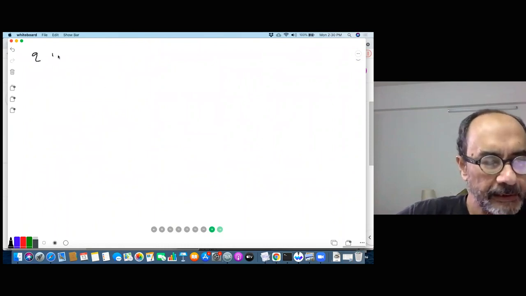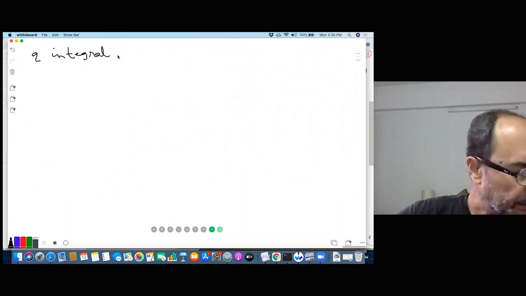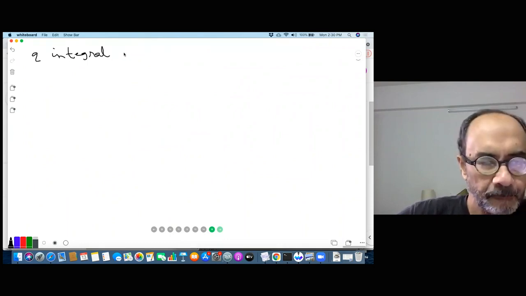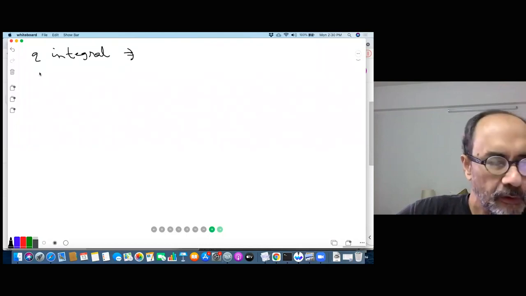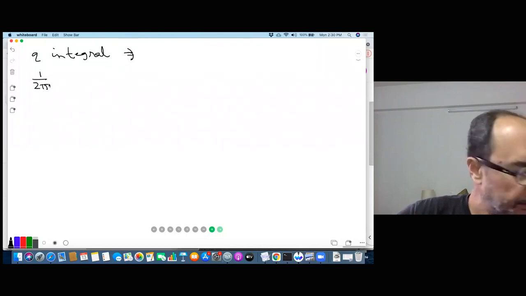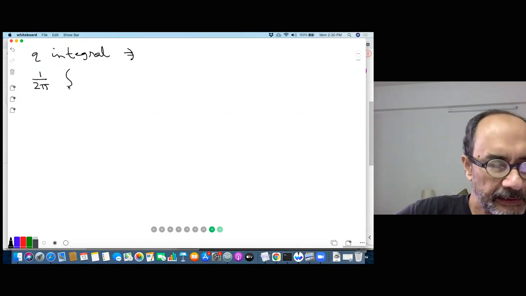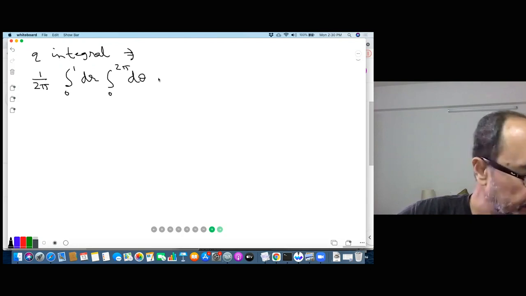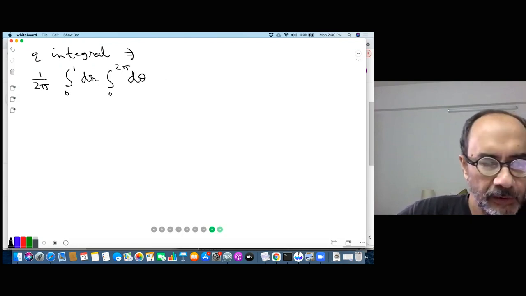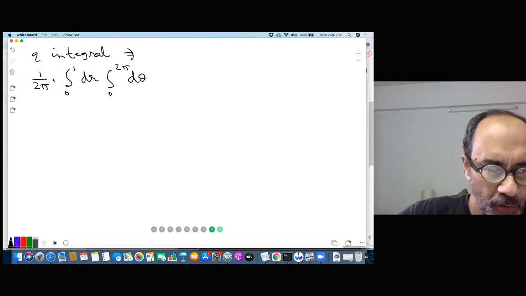So the q integral now gives 1 over 2 pi, integral 0 to 1 dr, integral 0 to 2 pi d theta. Maybe I should put a 2 also outside.